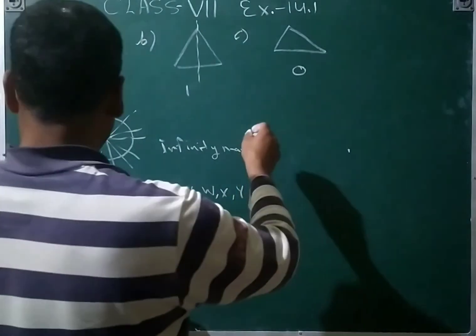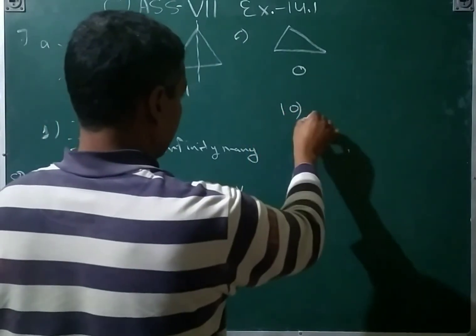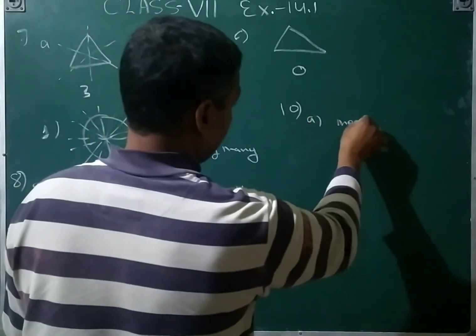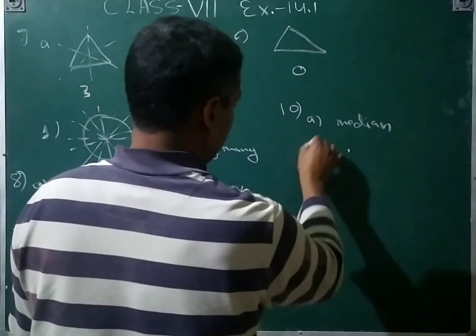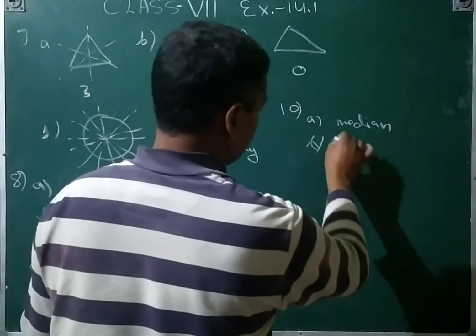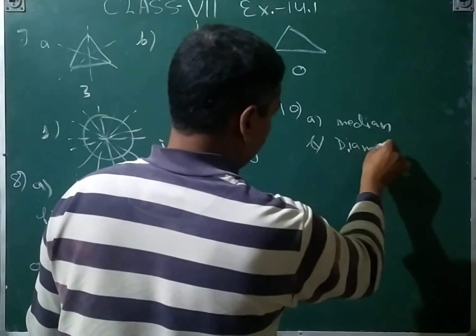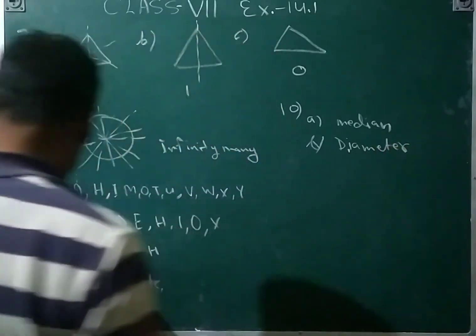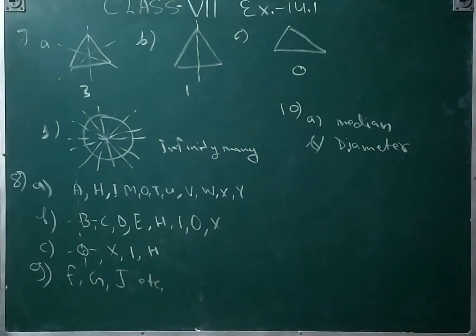A part, median, and then B part, a circle, that is a diameter. This is the 10th question. Okay.